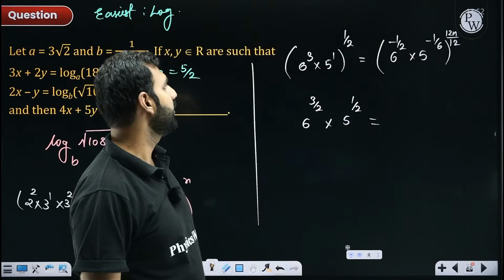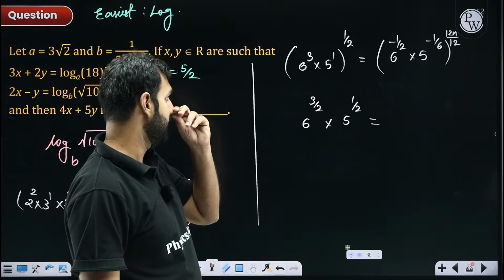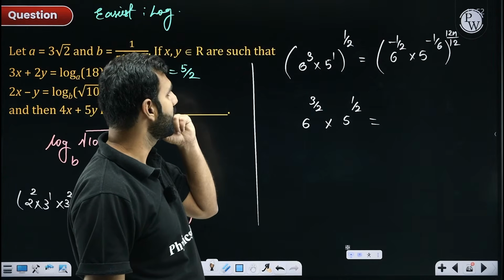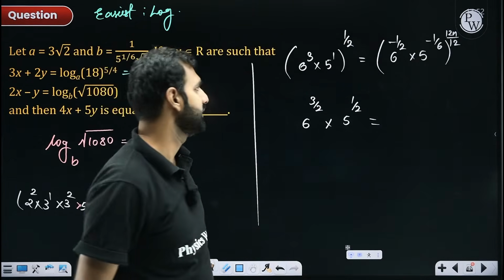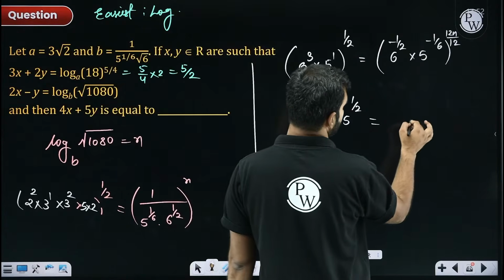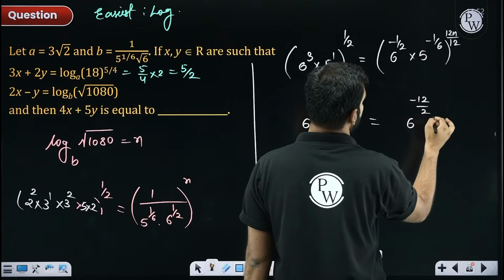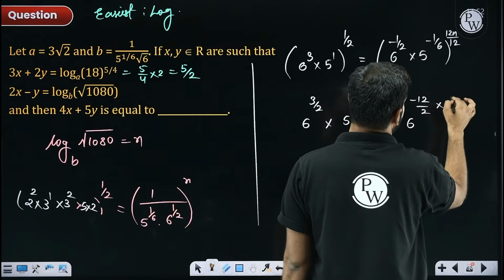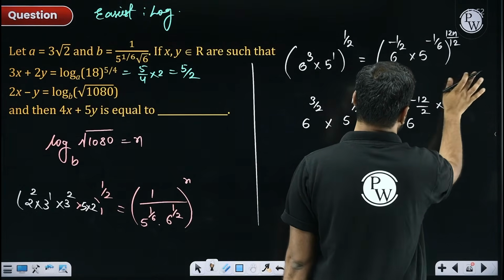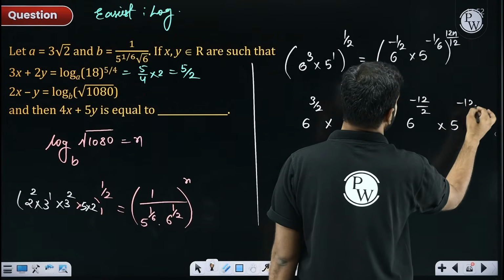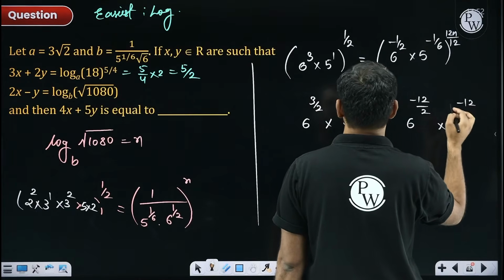So this 12 I'm pushing inside, but it will not be 1 by 2. I'm really sorry, 5 to the power 1 by 2 is what I need. Yes, 12 I'm pushing inside. So this will be 6 to the power minus 12 by 2 into 5 to the power minus 12 by 6. Although there can be multiple ways, this is one of the ways I'm developing here.